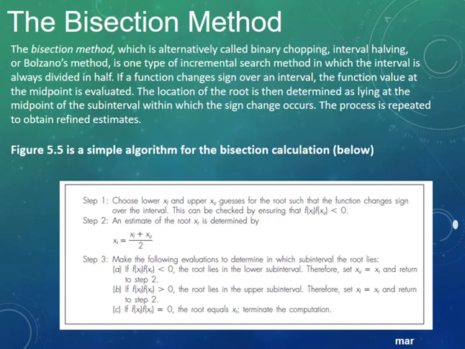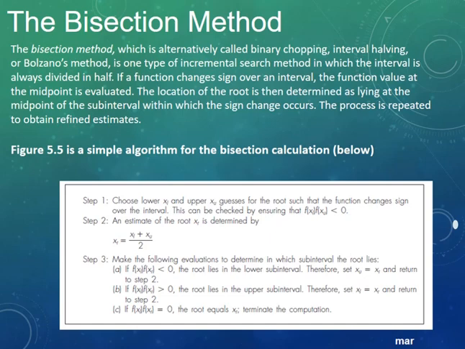This can be checked by ensuring that the product of f of xl and f of xu is less than 0. So xl and xu are the bounds. xl is the lower bound and xu is the upper bound. That is the boundary, or that's the interval between the 2 points where the root is located.